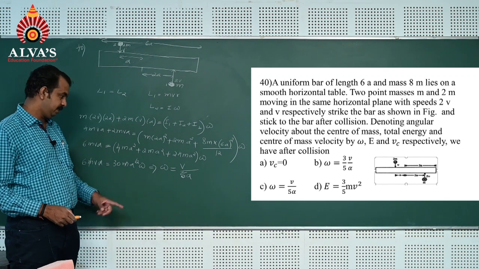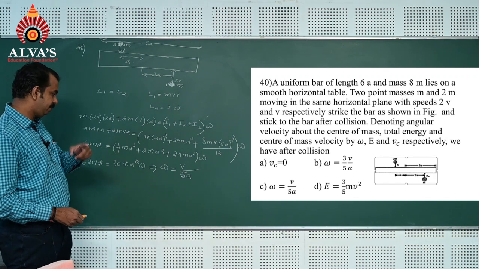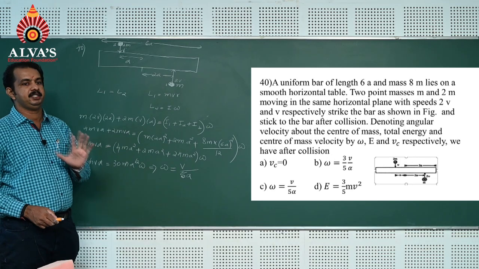Omega is equal to v by 5a, but omega equal to v by 5 is not in the options. So options B and C are wrong.